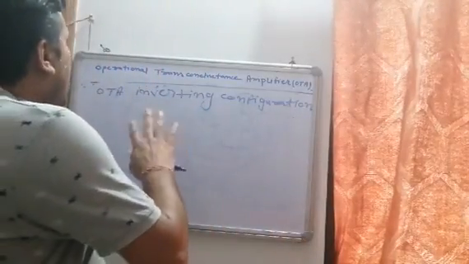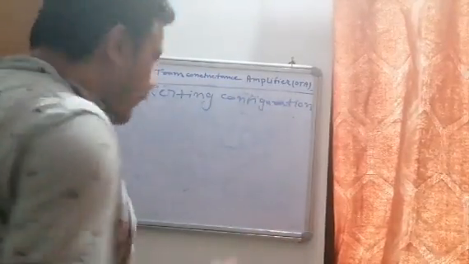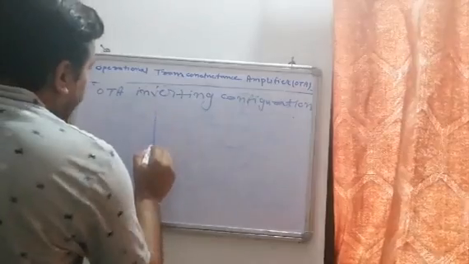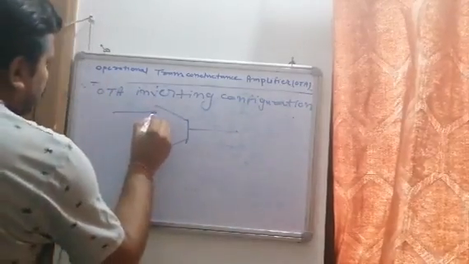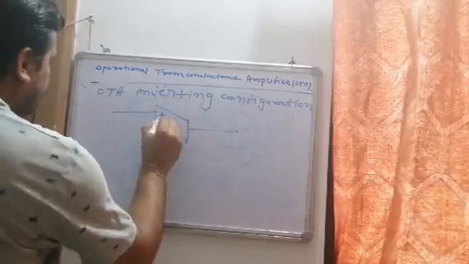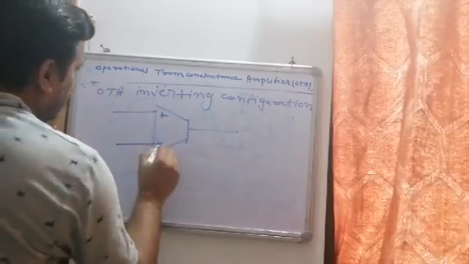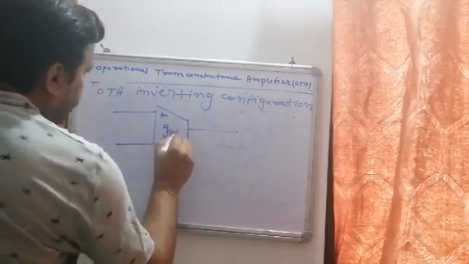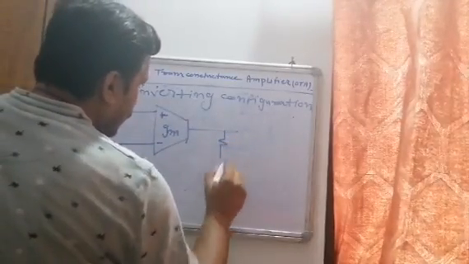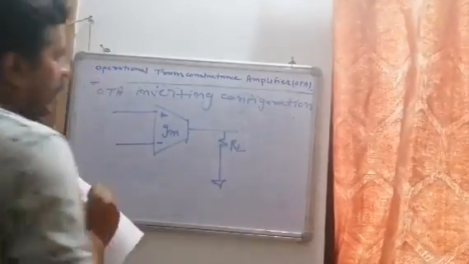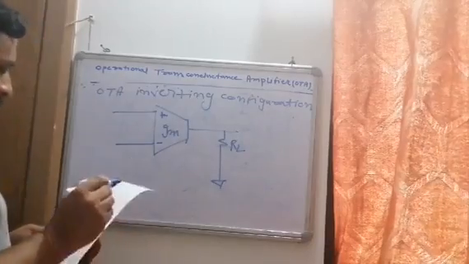So look here, first I'll see open loop OTA inverting configuration. This is transconductance GM. Here we have applied output load RF.